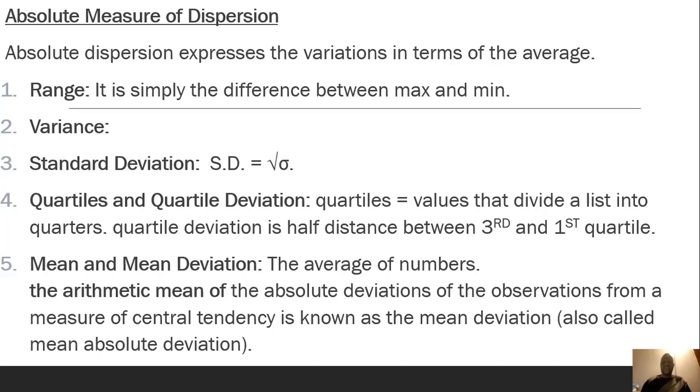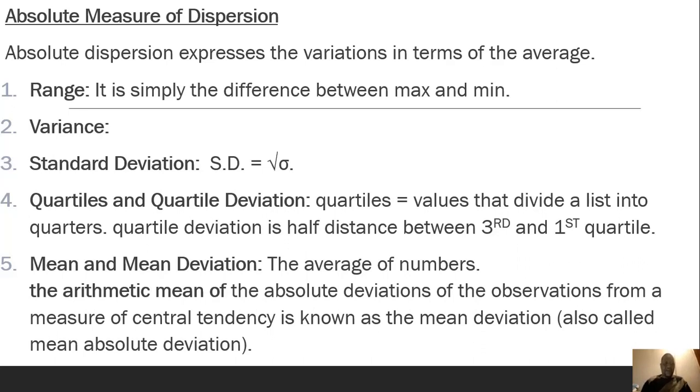The interquartile range will just be the difference between the third quartile and the first quartile. So Q3 minus Q1 gives you the interquartile range. But the quartile deviation is also the same as the semi-quartile range. For the quartile deviation, you have to divide the difference by 2.